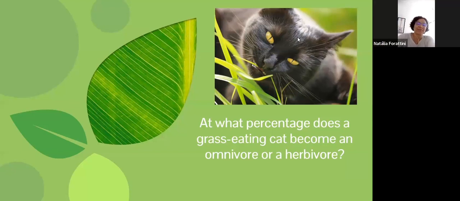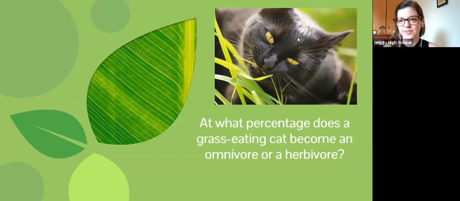So I just told you that felines are carnivores. So the question is, at what percentage does a grass eating, or let's say a lettuce eating cat become omnivore or herbivore? I said felines are carnivores, but now you're telling me that your cats eat plants. So are they omnivore because of that?